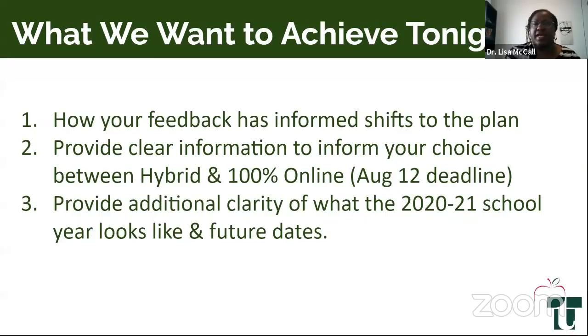Second, we would like to provide clear information to inform your choice between hybrid and 100% online, and the deadline for that is August 12th. And then third, we would like to provide additional clarity of what the 2020-21 school year will look like, and also give you future dates for additional meetings.